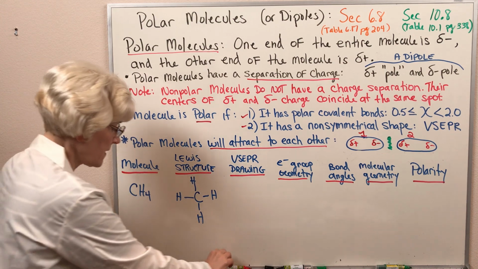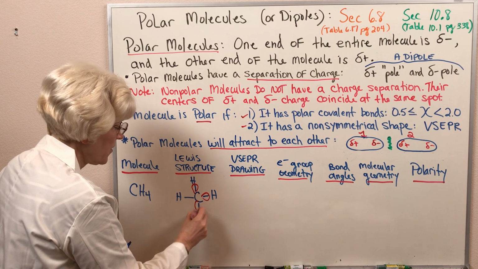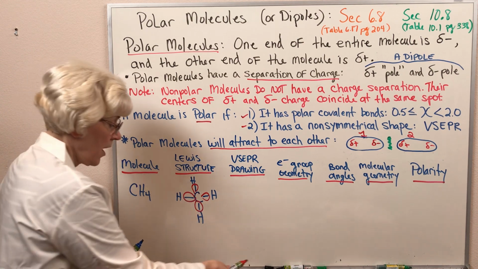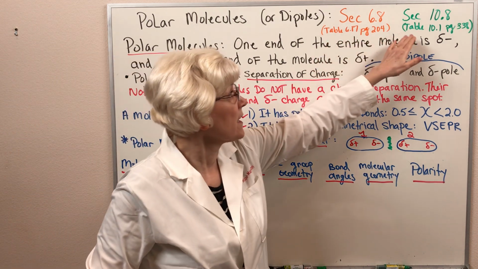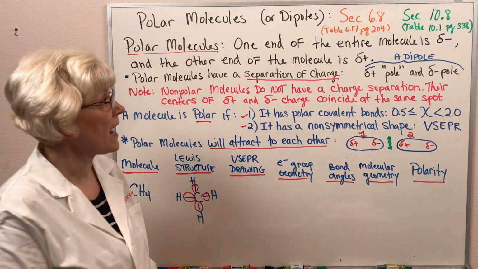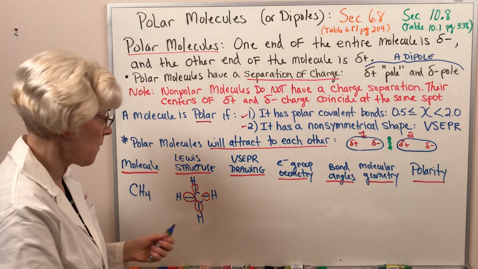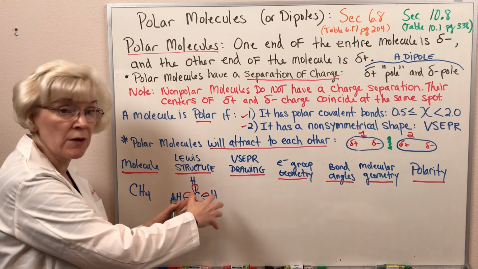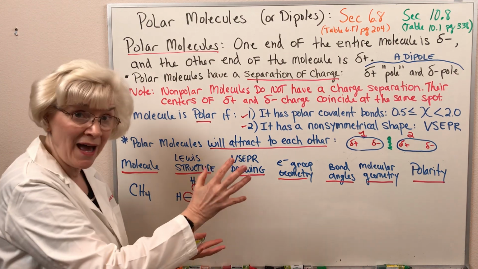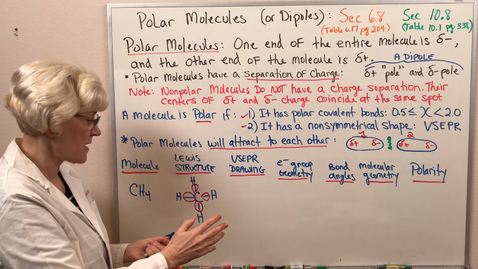Instead, as we look, we see that there are 4 groups of electrons around the methane molecule. Reminding ourselves of the information found on table 6.17 or table 10.1, we know that those 4 electron groups are going to want to repel away from each other and get as far apart as possible.